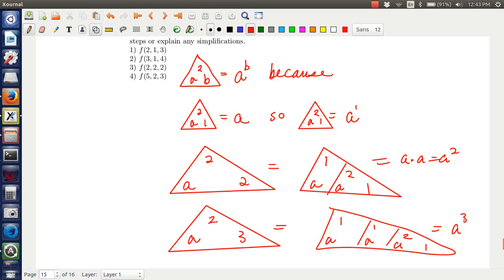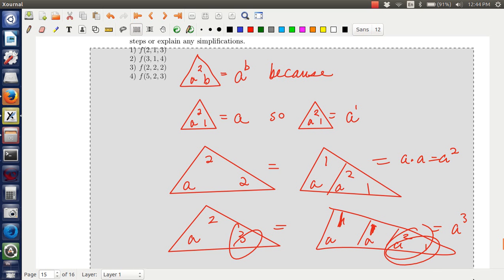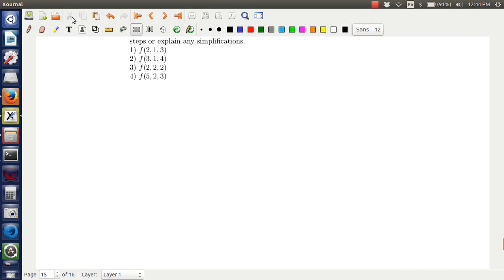If you give me a verbal explanation that each time you increase this number here, you're getting one more nested triangle, and since it's all multiplied, because these guys multiply everything together, and this is the only exception because this is already equal to A, so it's A times A times A. If you give this whole explanation, then you can just answer 3 and 4. But probably it's easier to just go ahead and do those ones out.